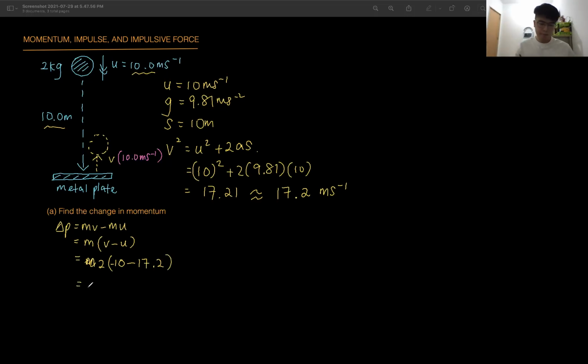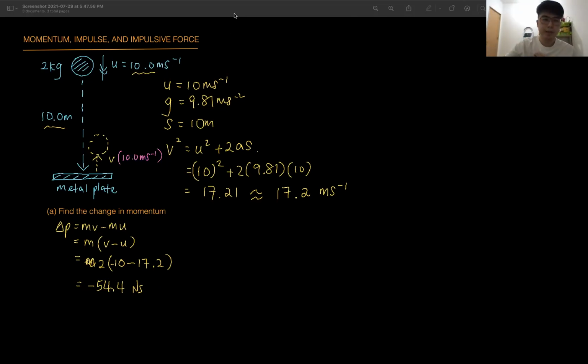So minus 10 minus 17.2, times 2, we get minus 54.4 kg m/s, or I can write N s. Minus 54.4, there's a minus because momentum is a vector, so change in momentum is also a vector. So it has a sign, minus 54.4.